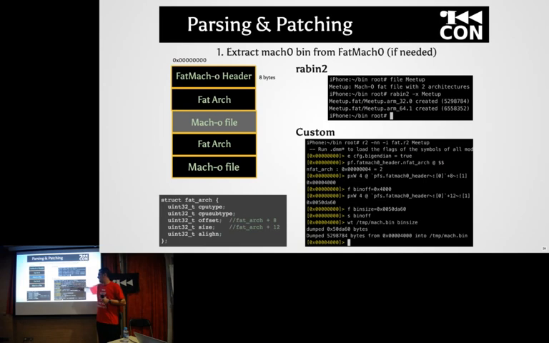Just as we can see, you have to read the fat Mach-O header. If you remember, the fat Mach-O header is in big endian, so just change it in the session. Here we are reading the header. We have two binaries, so we are interested just in the first one.